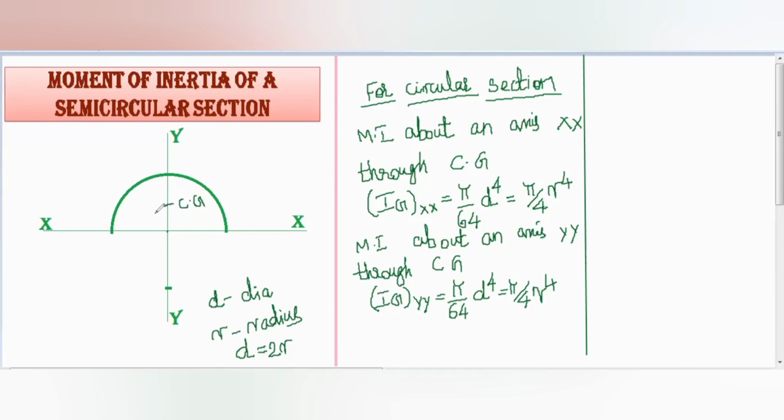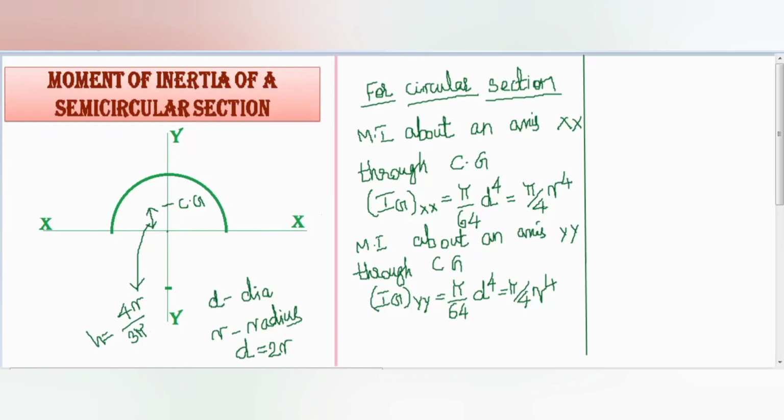This distance is equal to 4r divided by 3 pi. Okay. That is for the semicircle, the vertical distance. Okay, from here to here, that will be 4r by 3 pi. So now this won't be the horizontal or XX axis passes through the center of gravity.